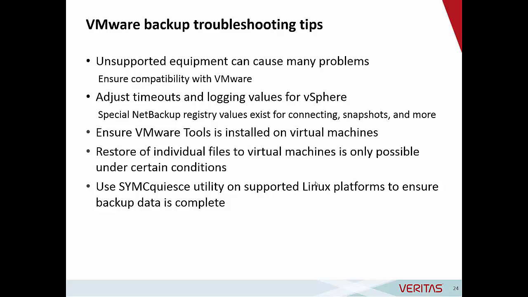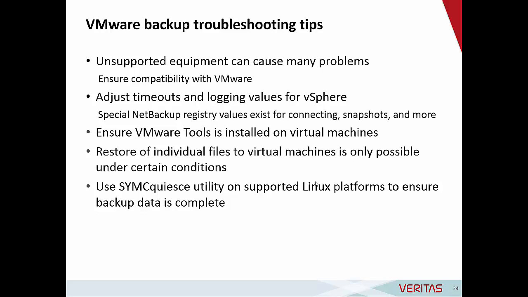The SymQuiesce utility is provided for certain Linux platforms to help ensure that the backup data is complete and consistent. With Windows VMs, this is not a big deal because VMware will use Microsoft's VSS service to take the snapshot, and that'll make sure that the data in the VM is consistent.